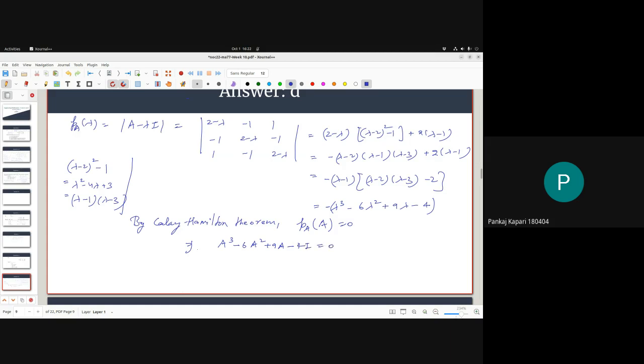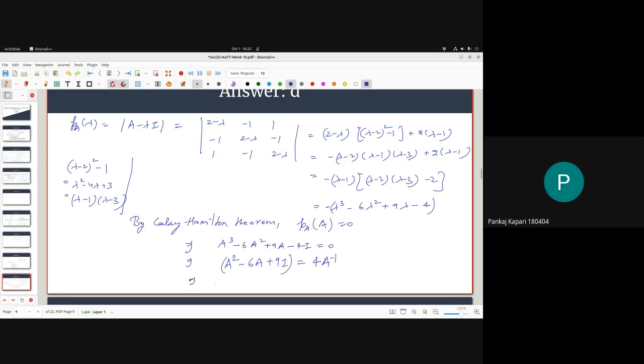Okay, so now we'll just multiply both sides by A inverse. If you multiply both sides by A inverse, this will become A square, this will become 6A, this will become 9 times the identity matrix, and here we will have 4 times A inverse, right? Then we can write it on the right hand side. This is 4 times A inverse.